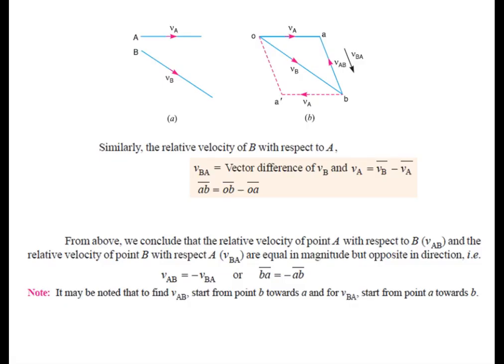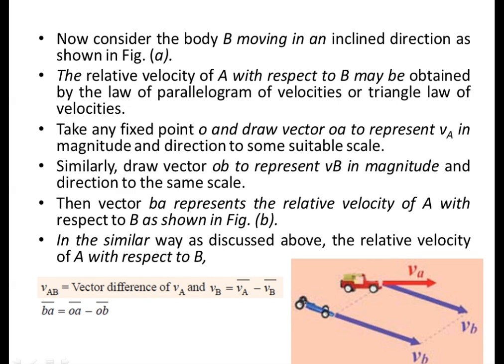So you can see in this figure, this is the VA velocity, and VB has a different angle, it is moving in a different direction. In the last one, it was a straight line, both moving in the same straight line, parallel. Now there is one change.